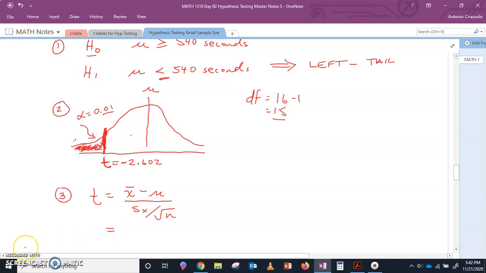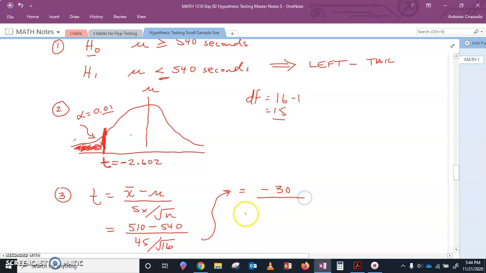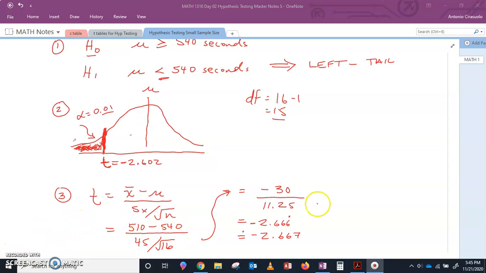And according to this, the values are 510 minus 540 divided by 45 divided by the square root of 16. And what does this give us? Well, that gives us minus 30 on top divided by 11.25, which then gives us a final value of negative 2.667 rounded to 3 decimal places.